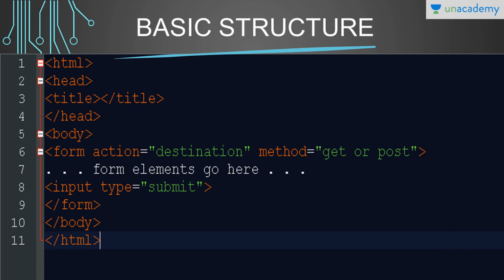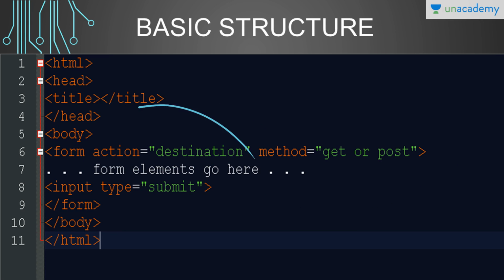Here you can see the basic structure of a form. Here is our body opening and body closing tag, and we have used a form opening and a form closing tag right here. So in this way, if we want to write a form, we'll use the form opening and the form closing. Now I've used two attributes. The first is the action attribute and the second is the method attribute.